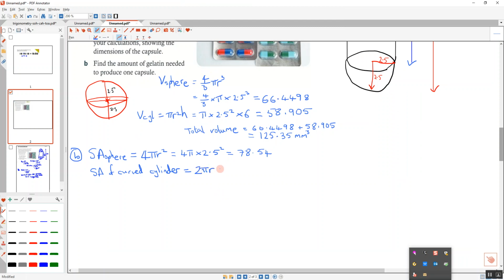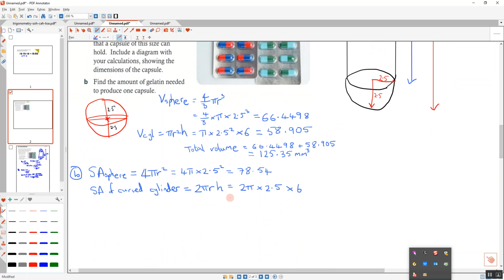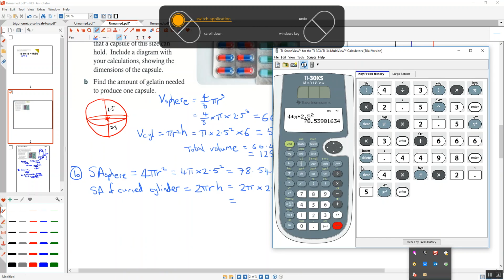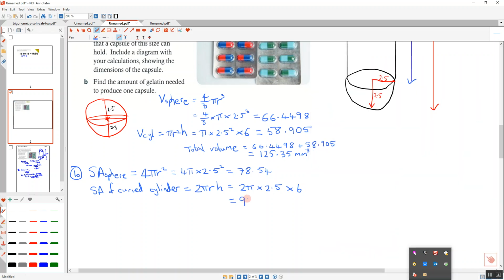So 2 pi times r, which is 2.5, times h, which is 6. So 2 pi times 2.5 times 6 equals 94.25.